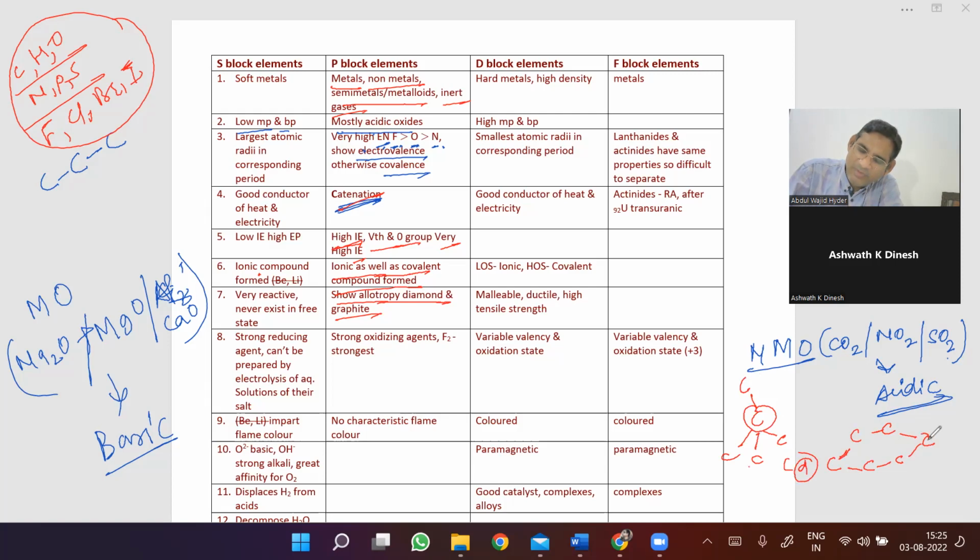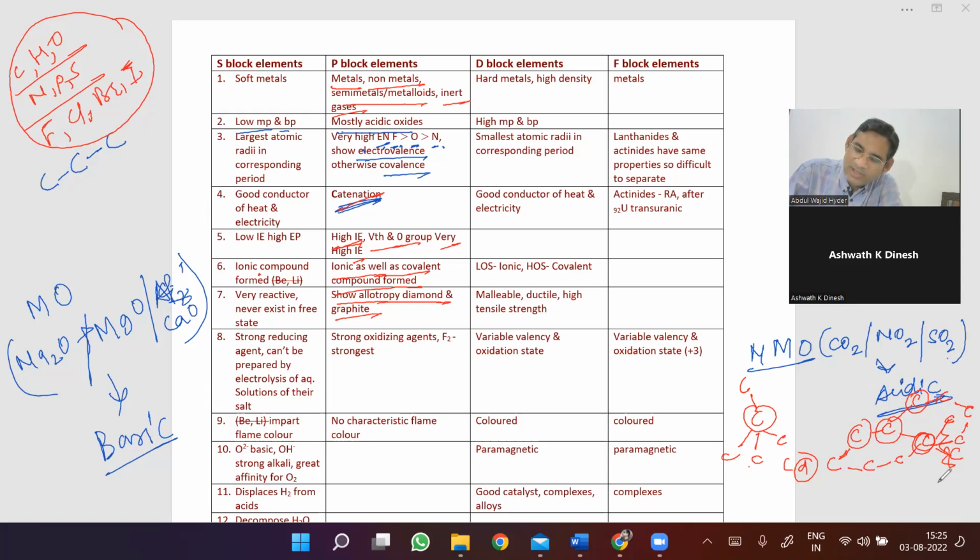And here, see, one carbon atom is further attached with 3 more carbon atoms, which means one electron will remain free. One electron will remain independent, and that is the reason for the good conductance of graphite.